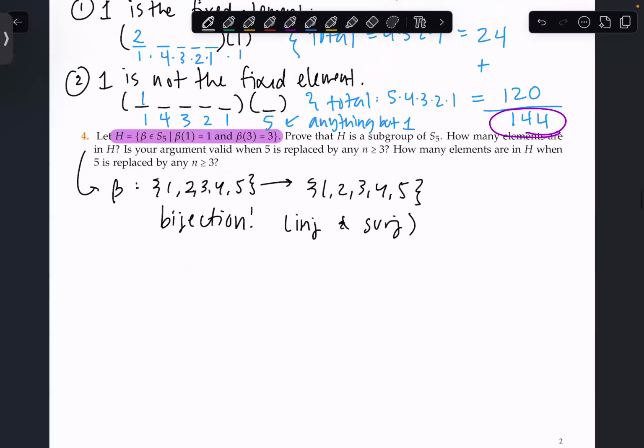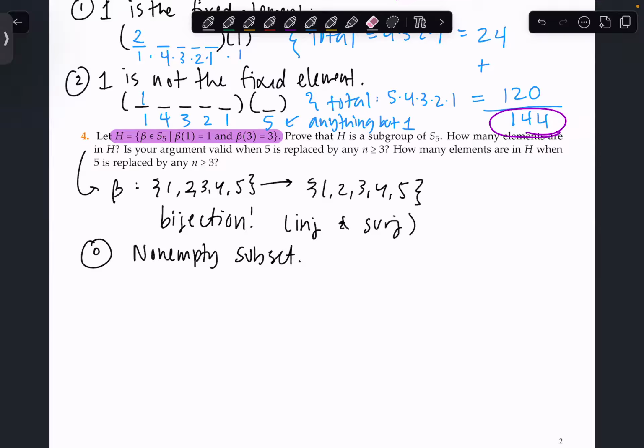So what should be the very first thing that I do in any one of my subgroup tests? I'm going to call that step 0. This is what I want to show for every single subgroup test, that I have a non-empty subset. Okay, so which one of those 2 pieces is the easier one to prove or to state immediately? Subset. Right. By definition, I'm only looking at elements in here with an extra restriction.